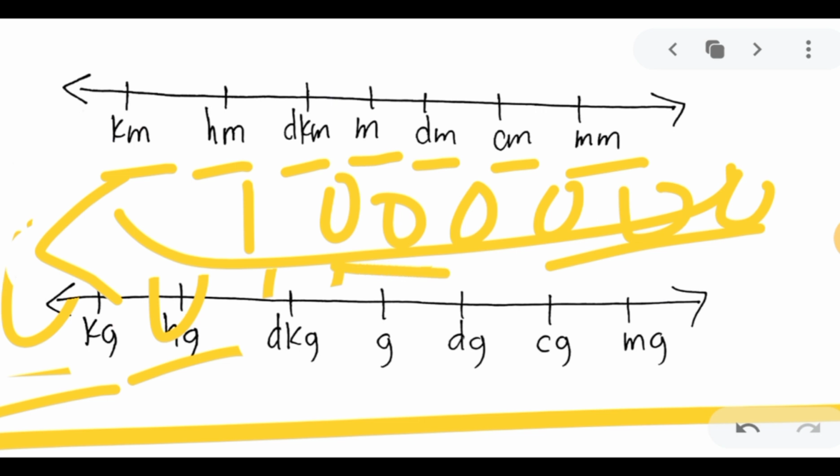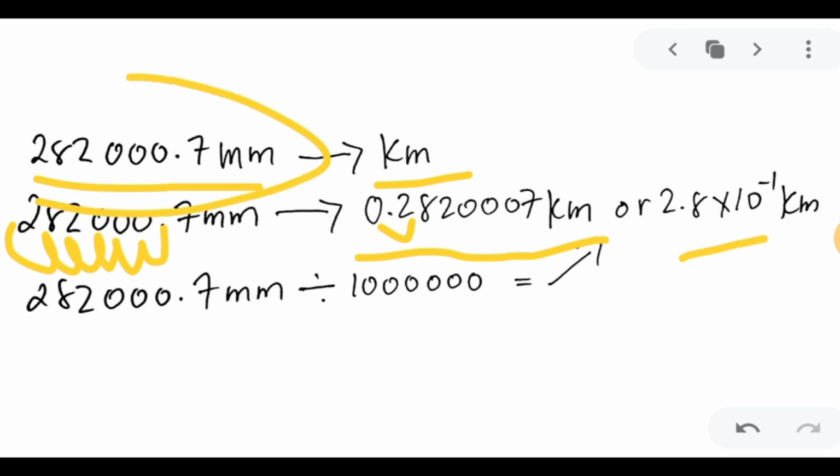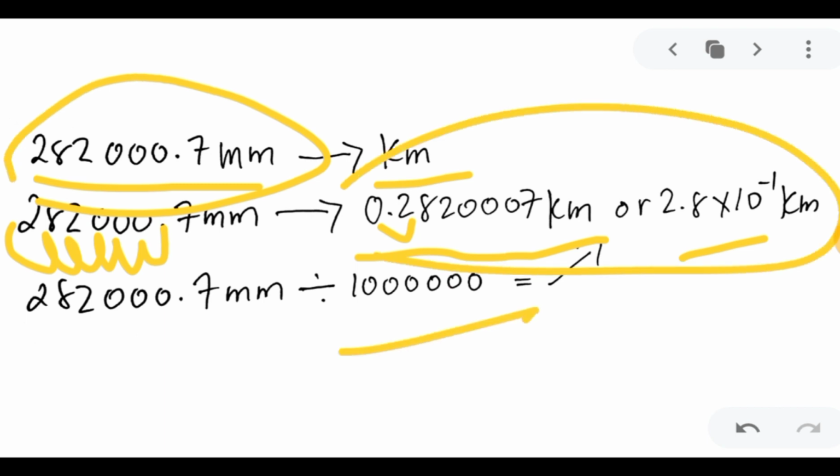Divide mo siya sa 1 million. 6 movements from here. So, that will be 1, 2, 3, 4, 5, 6. So, that is 0.28200007 kilometer, or 2.8 times 10 raised to negative 1 kilometer, or just simply divide 282,000.7 by 1 million. Same pa rin yung answer.